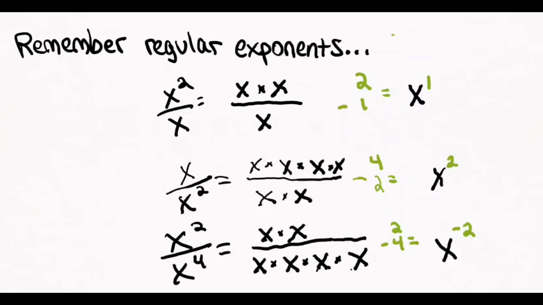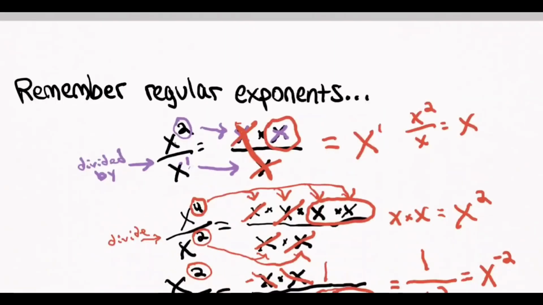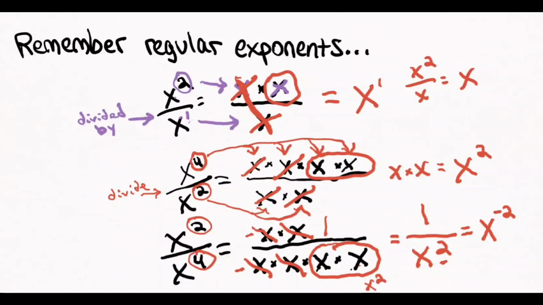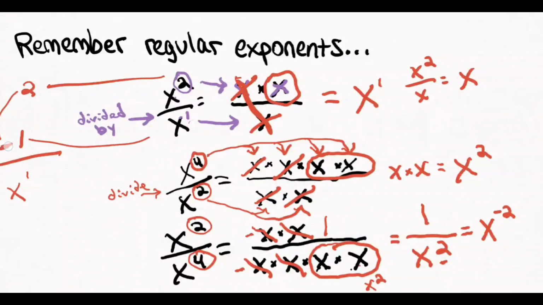So here's the same thing that we did on the other page, but here's the shortcut. Here's how you don't have to play all that out every time. If you notice these exponents, this is a 2, this is a 1, and the answer was x to the 1. Well, isn't 2 minus 1 equal to 1? And let's look at this one.